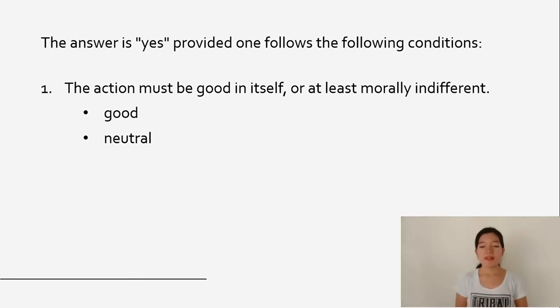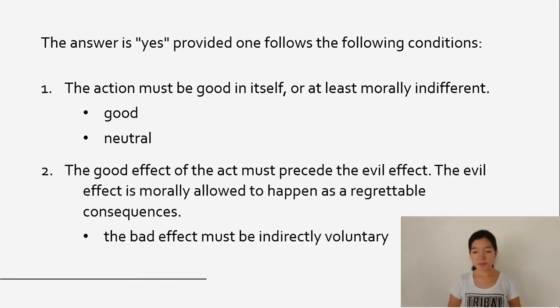Number two, the good effect of the action must precede the evil effect. The evil effect is morally allowed to happen as a regrettable consequence, meaning the agent may not positively will the bad effect, but may permit it to happen. If he could attain the good effect without the bad effect, then he should do so. The bad effect is sometimes said to be indirect voluntary.